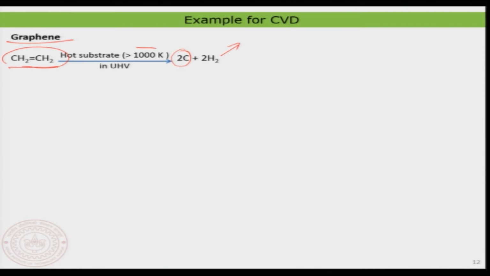Now the carbon atoms go around, and since it happens on a surface which is itself two-dimensional in nature, the carbon atoms get connected in a two-dimensional fashion or in a planar geometry, and the planar geometry is very important because that is what yields the graphene. If carbon would react in a non-planar geometry, then you might have grown diamond, for example.